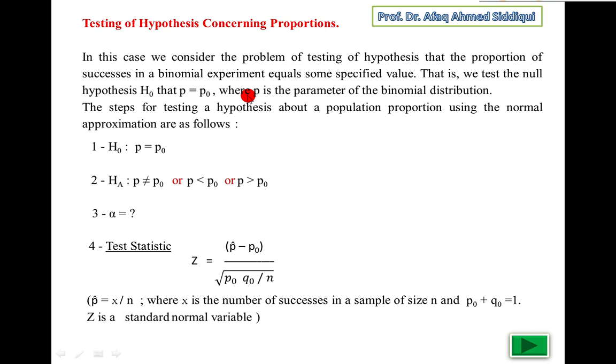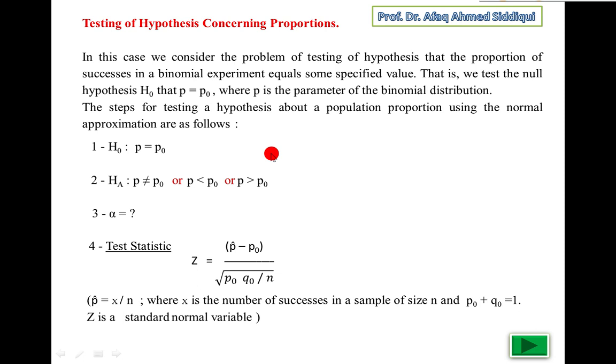And you know that if the outcomes of any variable are 2, for example, success, failure, pass, fail, yes, no, true, false, survive, die, improve, unimprove, 0, 1, etc., the variable is called a binomial variable.